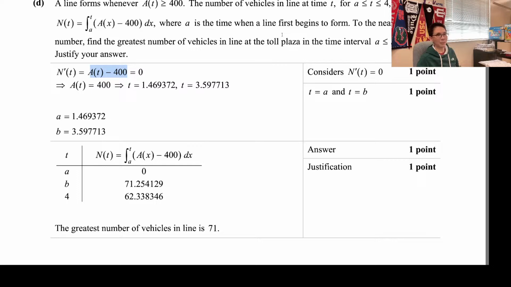The greatest number. They all sound the same. Same idea. Furthest right, same idea. The maximum, same idea. Right? The absolute maximum value, absolute minimum value, same idea.